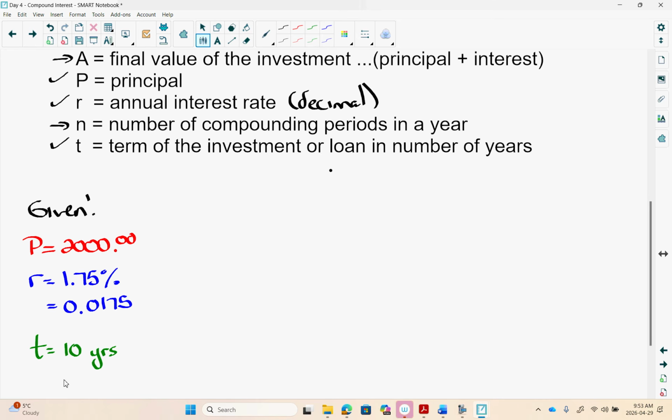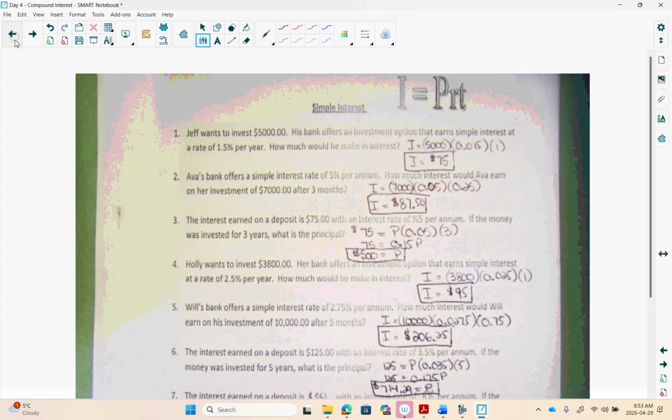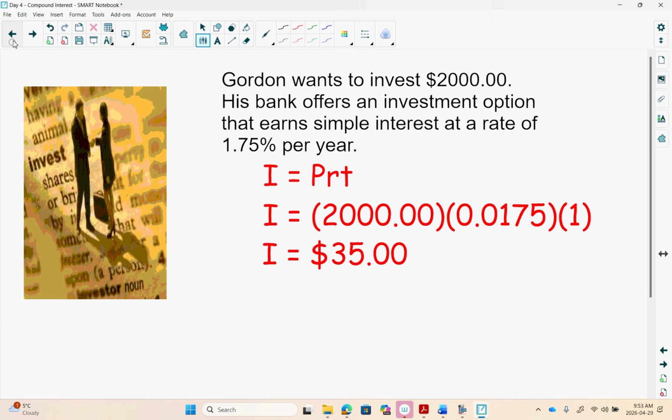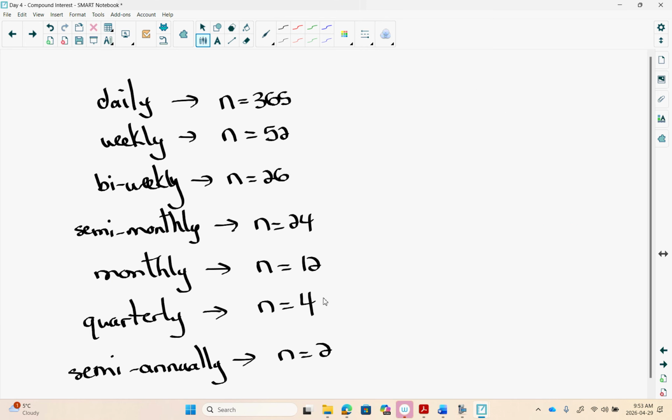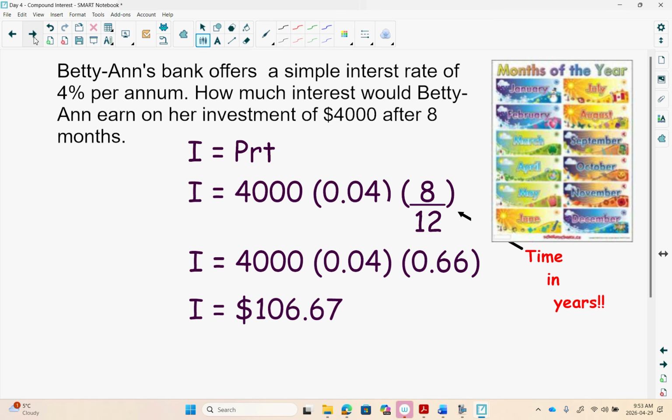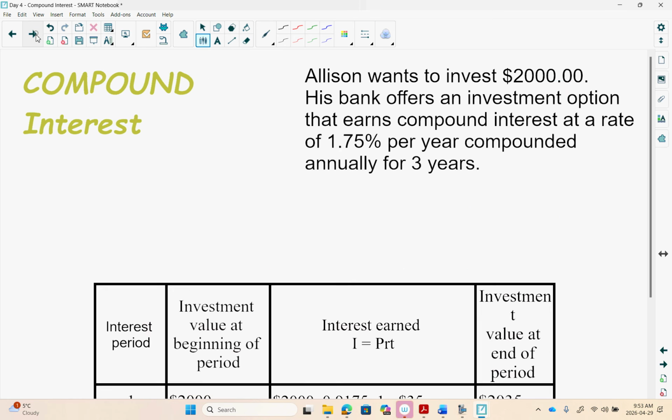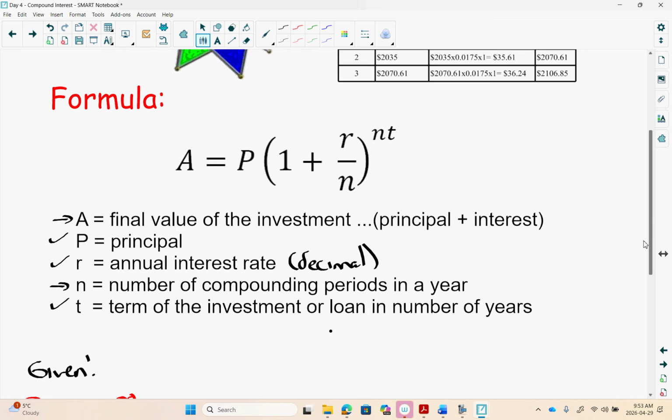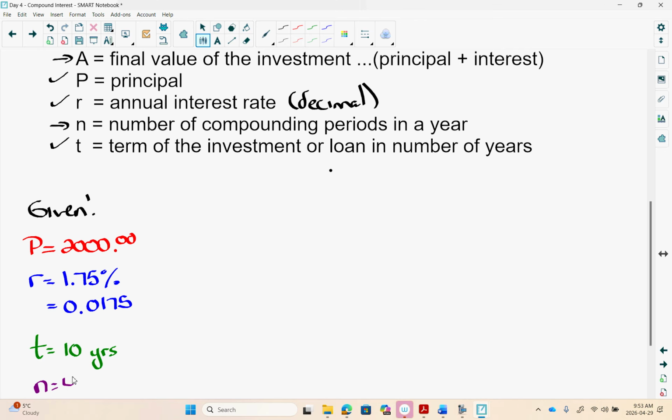N. What would N equal? If it's compounded quarterly, we said N would equal 4. Okay, N would equal 4.